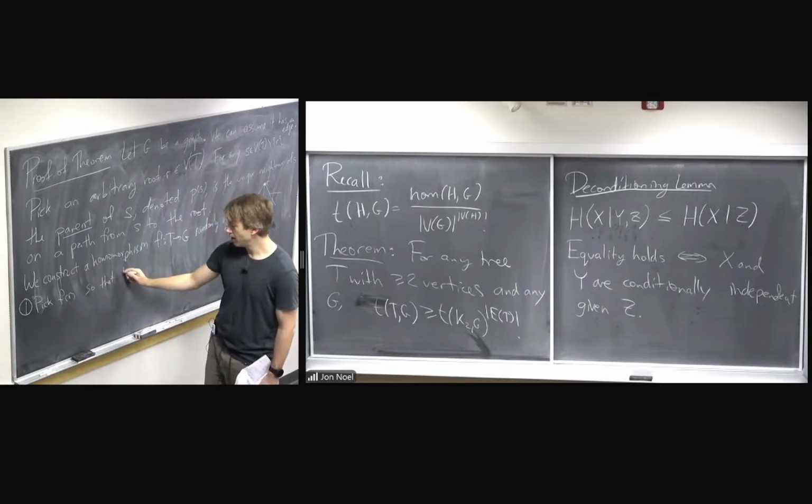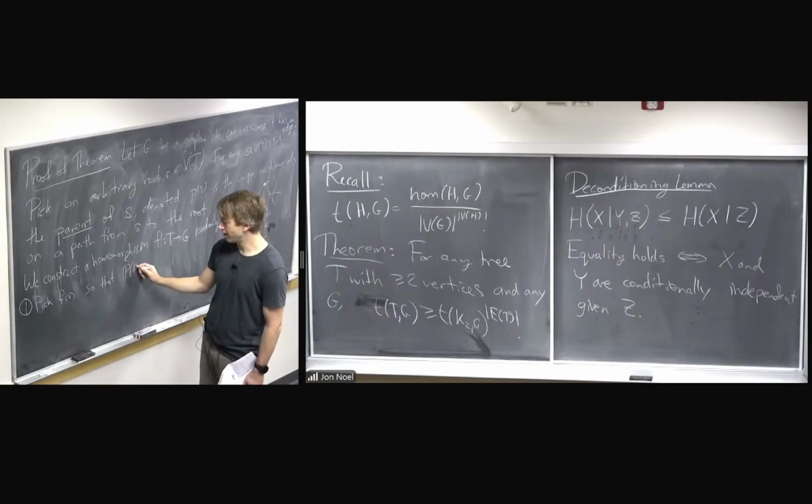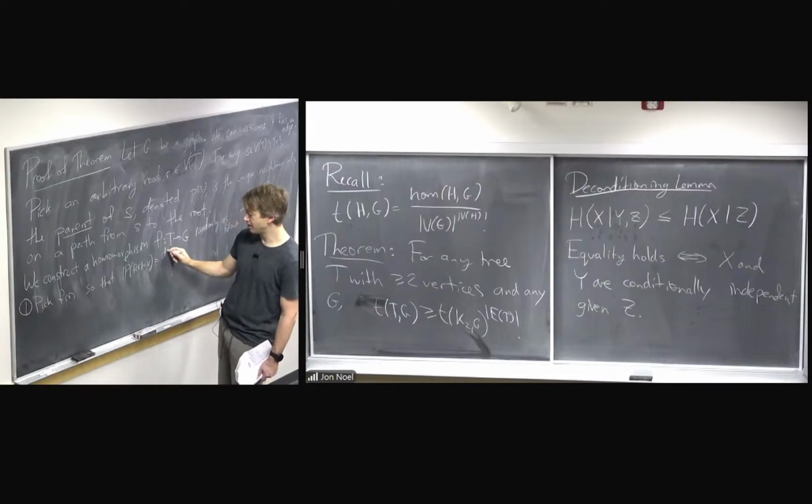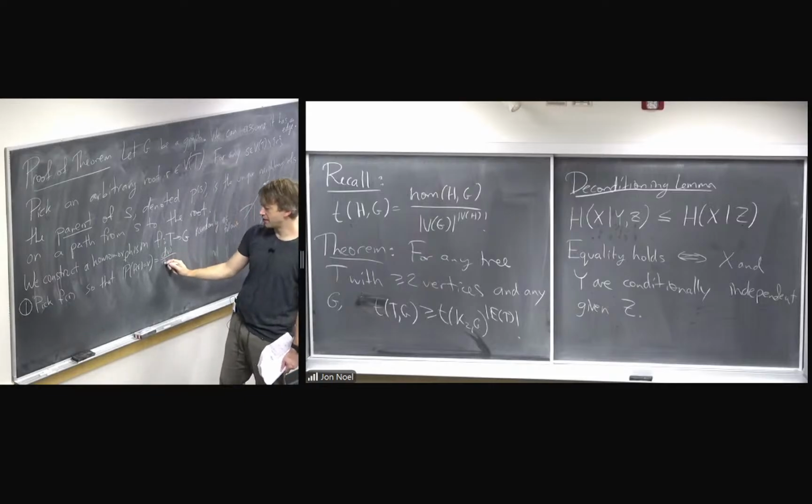The probability that f of r equals v for some vertex v of G is going to be equal to the degree of v divided by 2 times the number of edges of G.